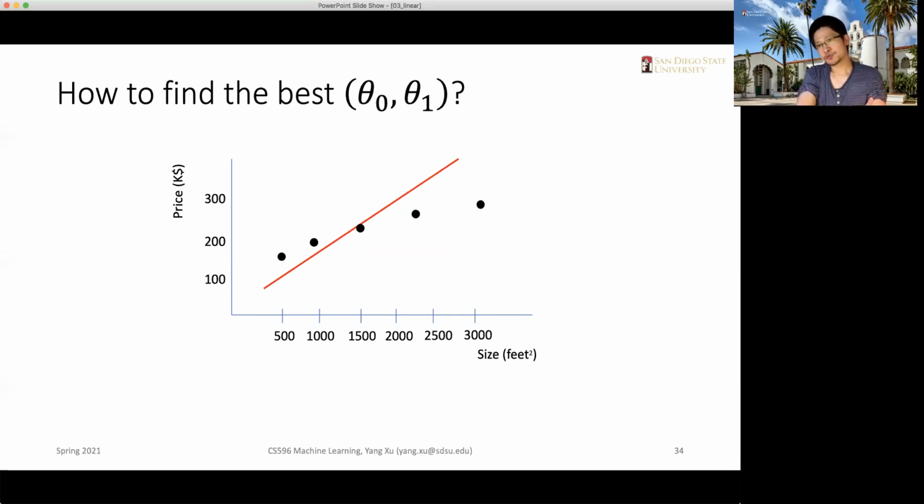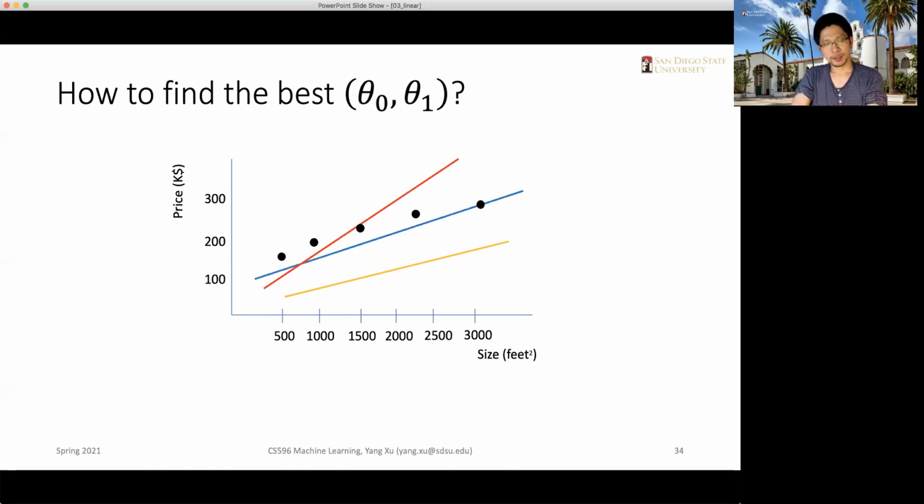So this red line is not good, because it's not describing the trend of the black dots; the black dots should grow slower. And for this yellow curve, the trend seems more correct, but the intercept is not correct. It's too far below, not at the correct level of the house prices.